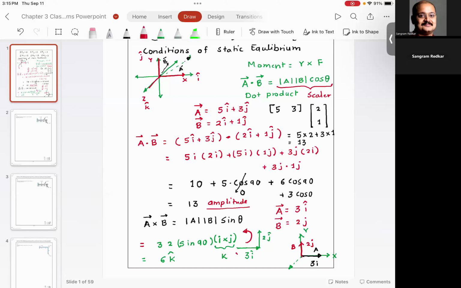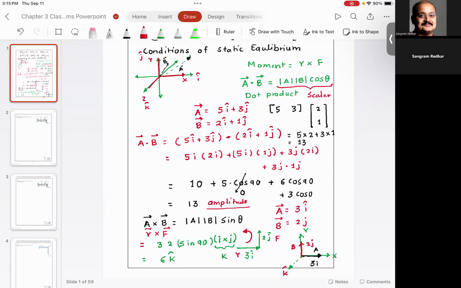I'm going to call this R, and I'm going to call this F. So this is nothing but R cross F. This is giving me a moment, and this moment is about the k axis. If you curl your fingers in the direction of the moment, can you see that your thumb is pointing towards the positive Z axis? Can you see that this 6k has a positive sign?